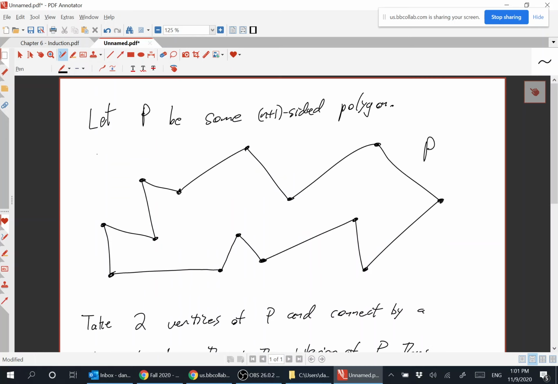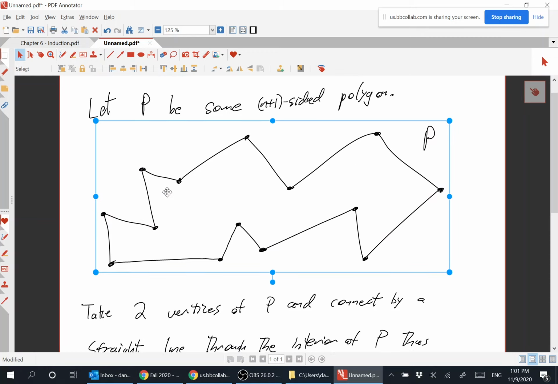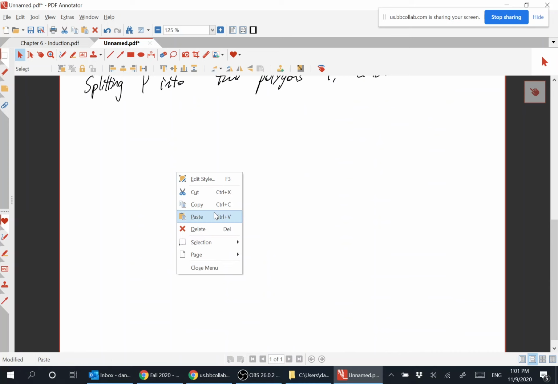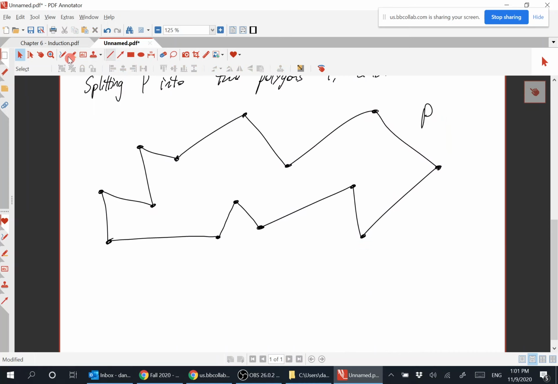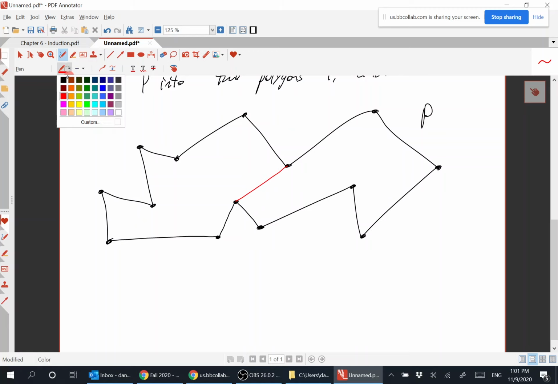So I'm going to take P, which is black, and I'm going to connect two of its sides by a line through the interior, which is going to be red. And now I've got two smaller polygons, P1 and P2.